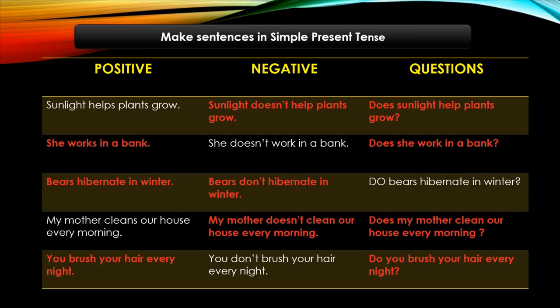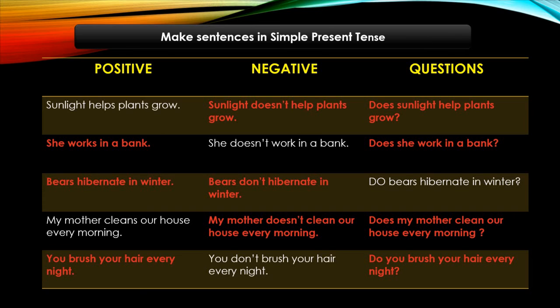If we make it negative, we will add doesn't. So we will write sunlight doesn't help plants grow. If we make it a question, does sunlight help plants grow? Next, we have another sentence. She works in a bank. If we make it negative, she doesn't work in a bank. If we make it a question, does she work in a bank?